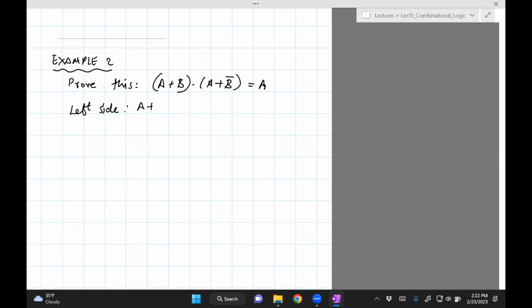So we have on the left side A plus B dotted with A plus B complement.